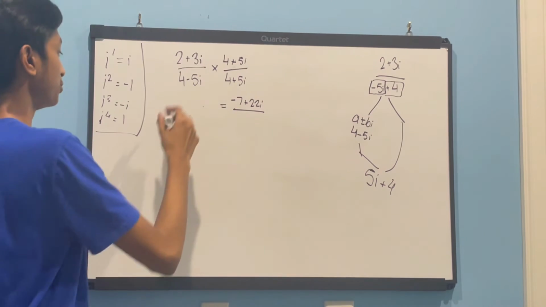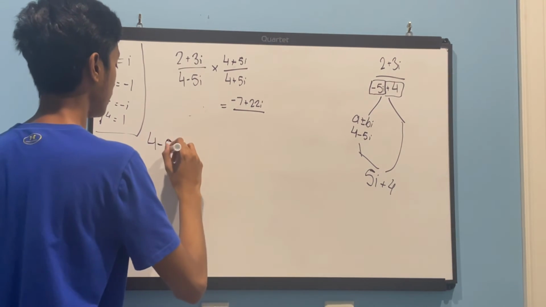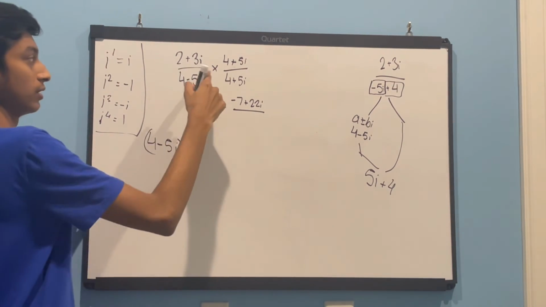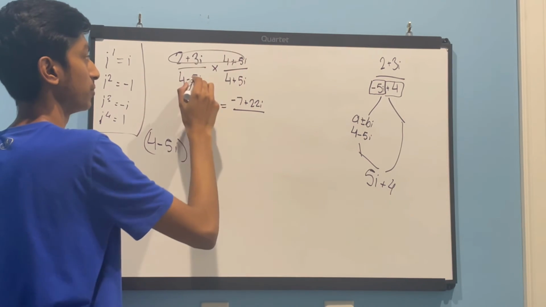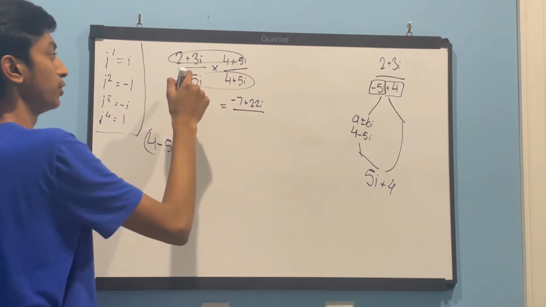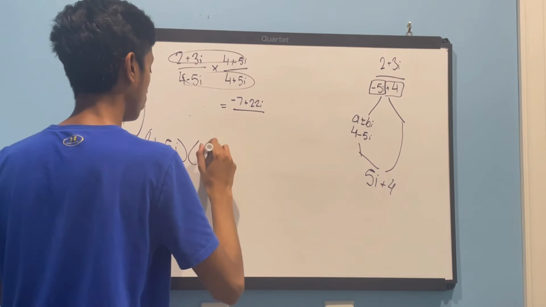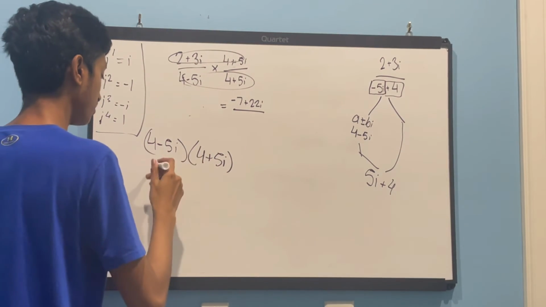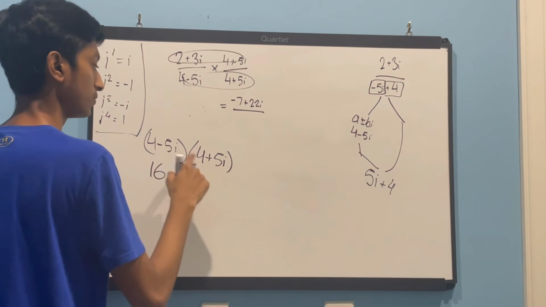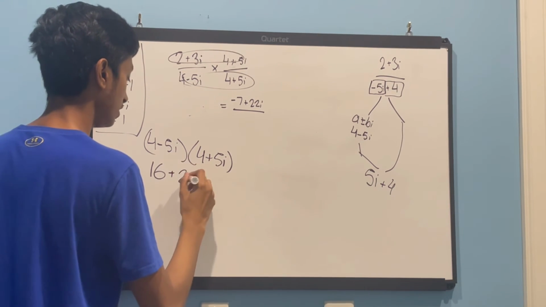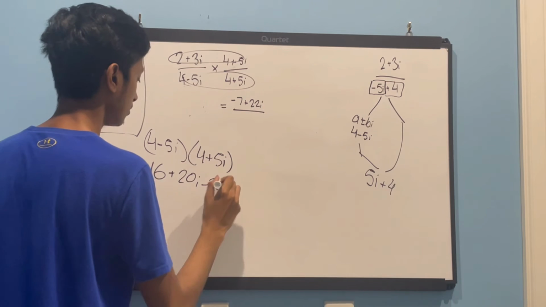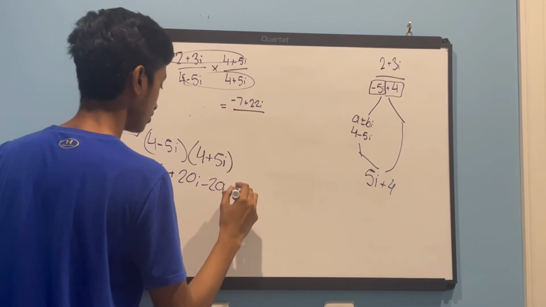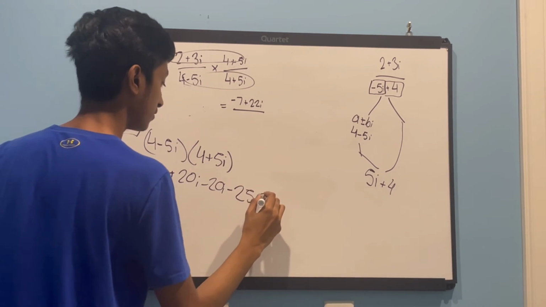Then we would do the denominator, 4 minus 5i. I multiplied the numerators, and now we're going to multiply the denominators. So 4 minus 5i, and then 4 plus 5i. This would give 4 times 4, that'd be 16, plus 20i minus 20i, and then minus 25i squared.